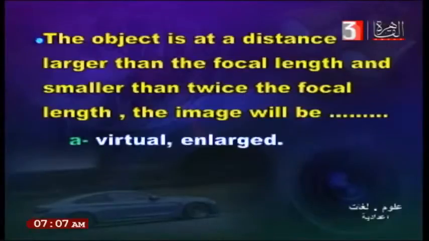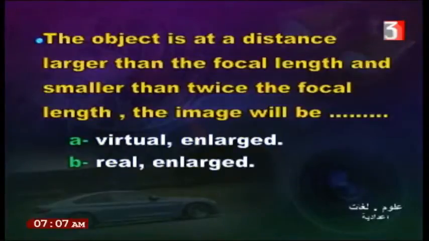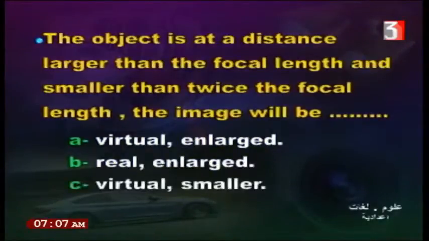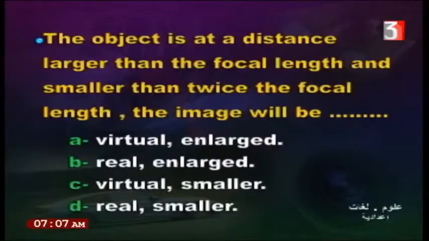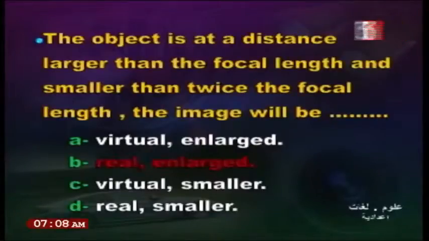The image will be virtual enlarged, real enlarged, virtual smaller, or real smaller. Try to think. When the object is between the center of curvature and focus, the image will be real, enlarged, and inverted. Next one.